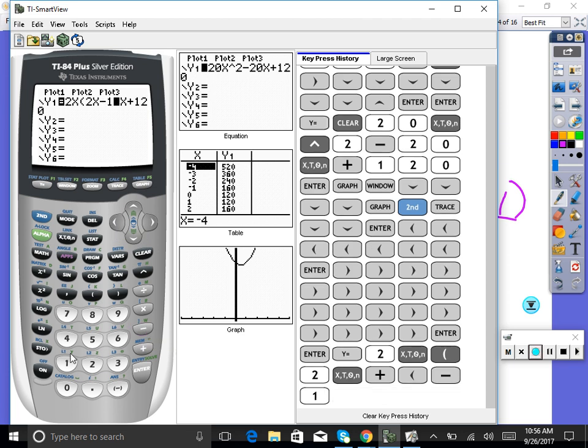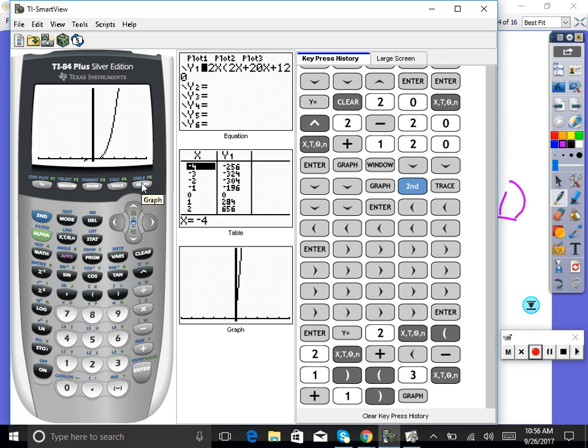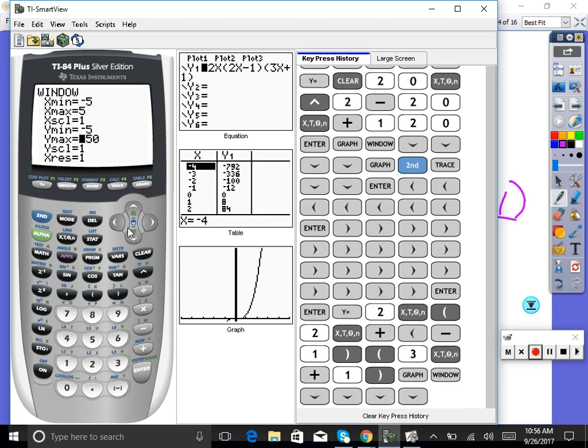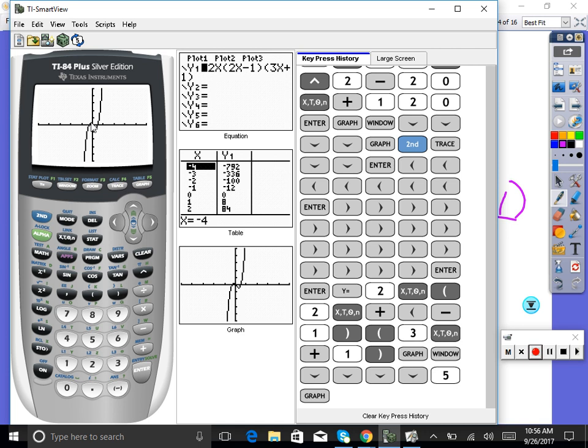And then 3x plus 1. Now I know if I hit graph, I don't need to see that high up. So I'm going to go to my window, go to y max, and make it much smaller, back down to 5. Okay, now look. Right here, that piece is the maximum volume.